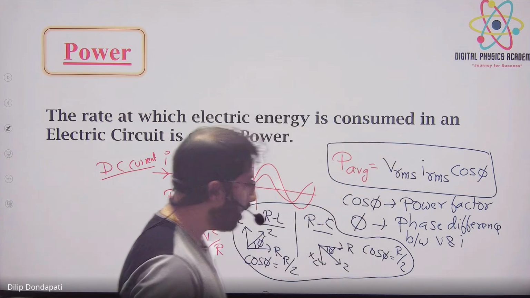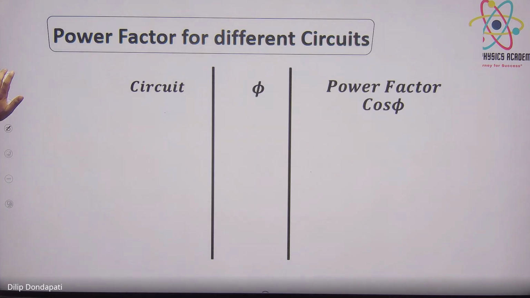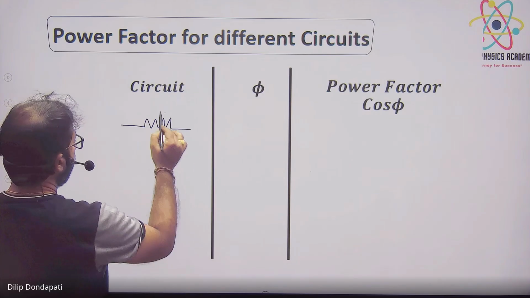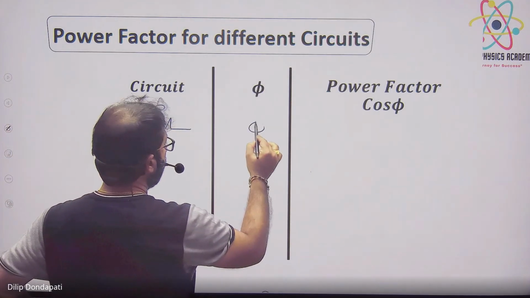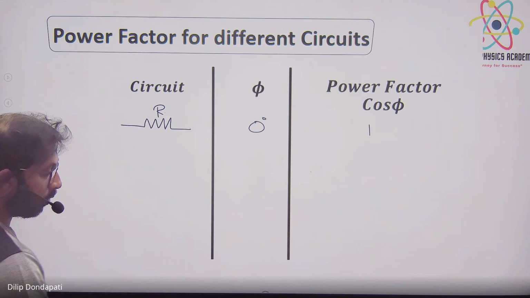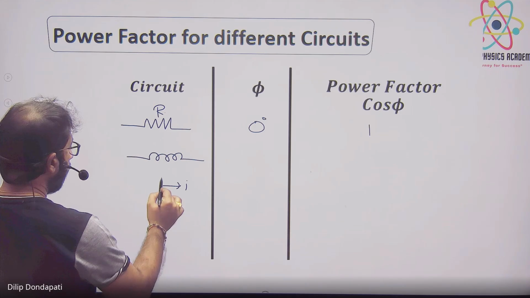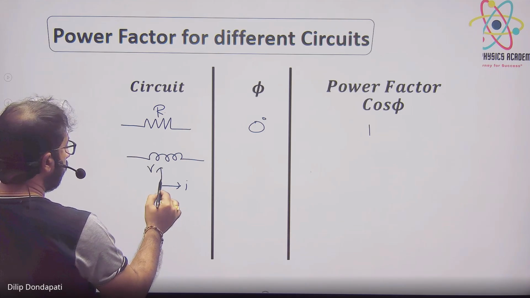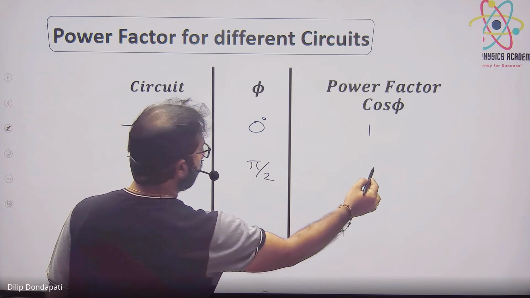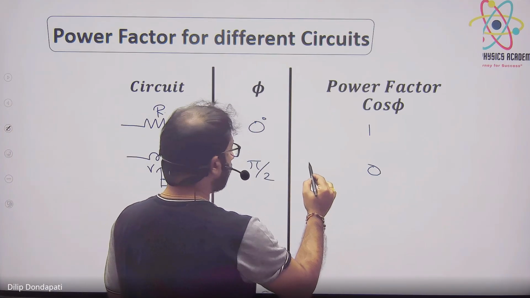चलो, now एक एक circuit का थोड़ा लिखेंगे. So tell me, in a purely resistance circuit में phi value is 0 and cos phi is 1. Power factor is 1. Similarly, purely inductor में current and voltage ऐसे है ना. So कितना होगा? Pi by 2 and cos phi is 0. Power factor is 0, because cos 90, right?